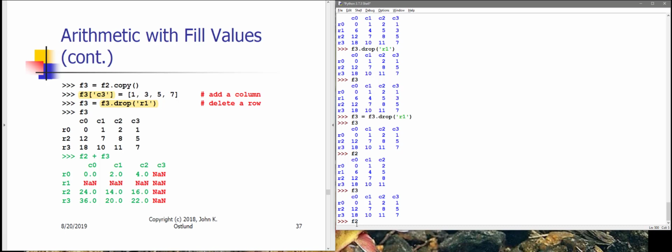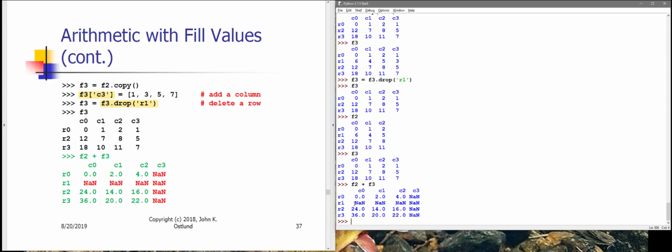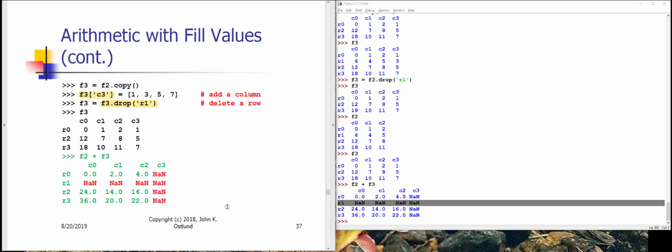So now if I say F2 plus F3, well, there is no row R1 in F3, so that whole row gets filled in with not-a-numbers. There is no column C3 in F2, so that whole column gets filled in with not-a-numbers. Otherwise, I do get the correct sums for the values where the row labels and the column labels exist in both.